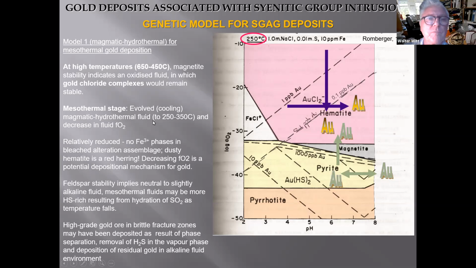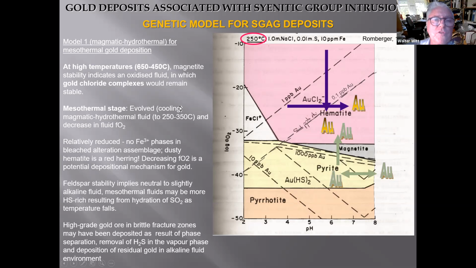And in this scenario, we recognize high temperature magnetite stable alteration. This is the ferruginous alteration and the potassic alteration. And at these high temperatures in oxidized fluid, we would expect gold to be present as a chloride complex.